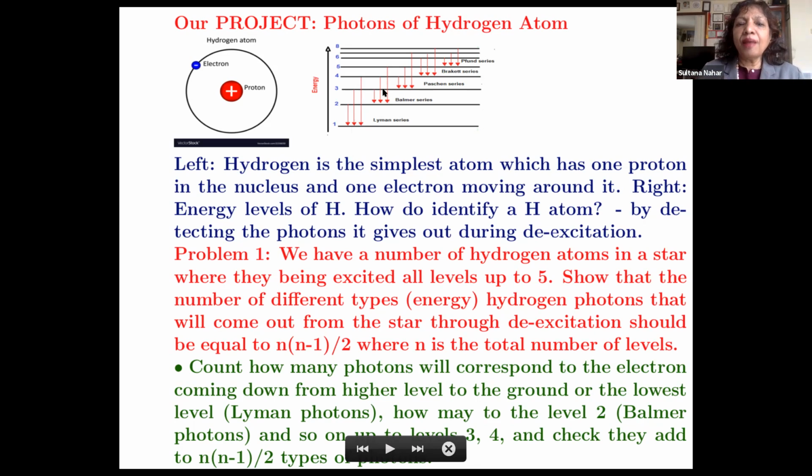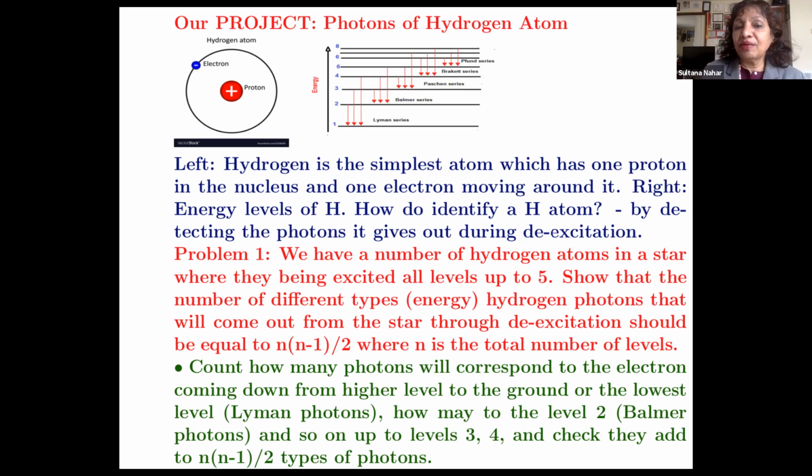Show that the number of different types of hydrogen photons, meaning photons of different energy, that will come out from the star through the excitation should be equal to n times (n minus 1) divided by 2. This is the formula, where n is the total number of levels. At this time, we are considering 5 levels.